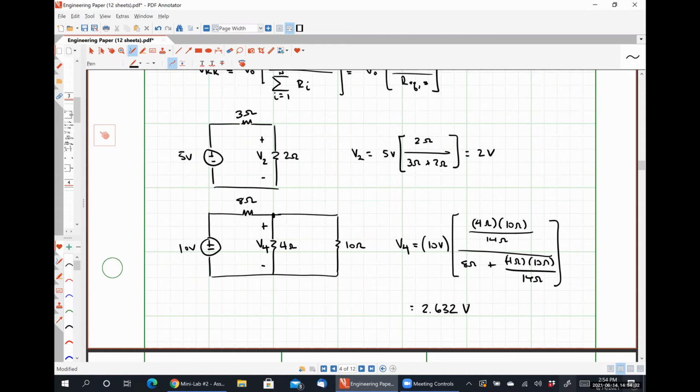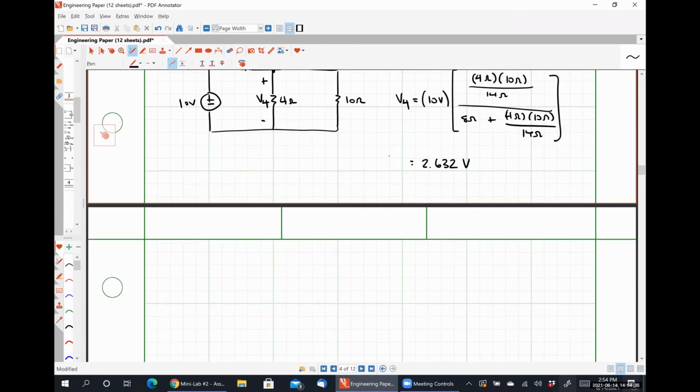One thing that I do want to point out is that the polarity of the voltages that we find absolutely matter.